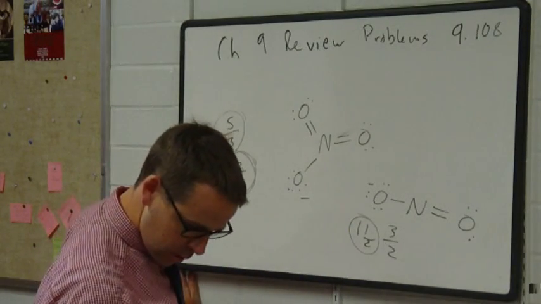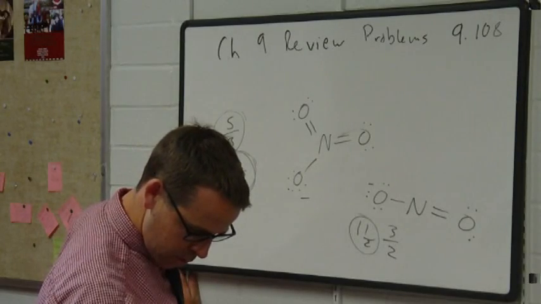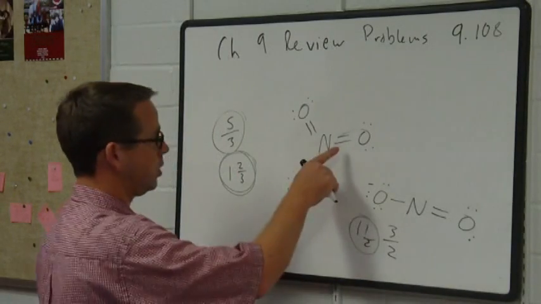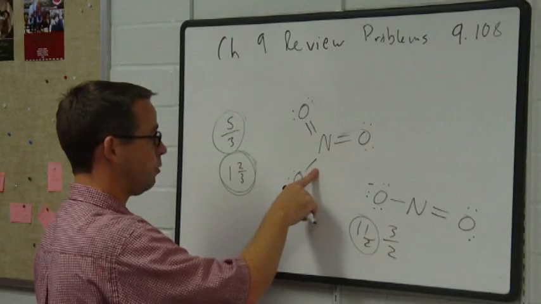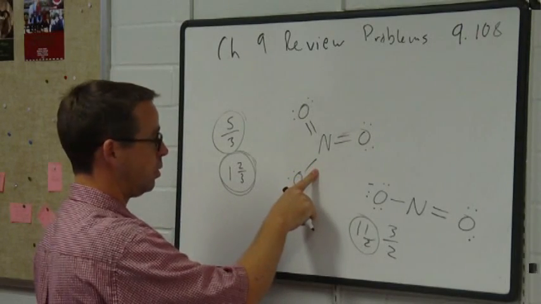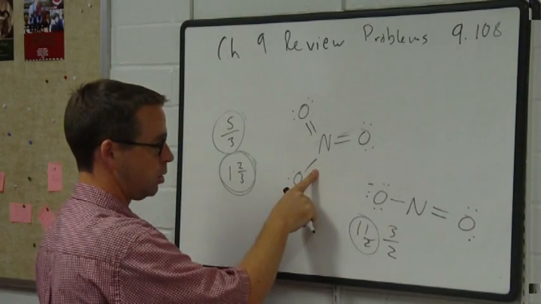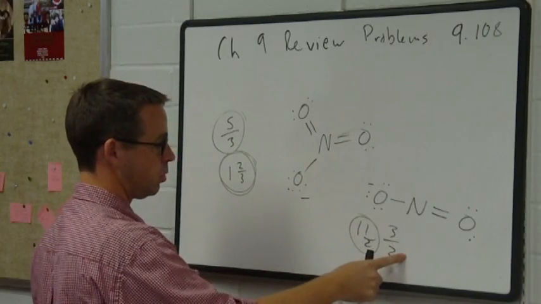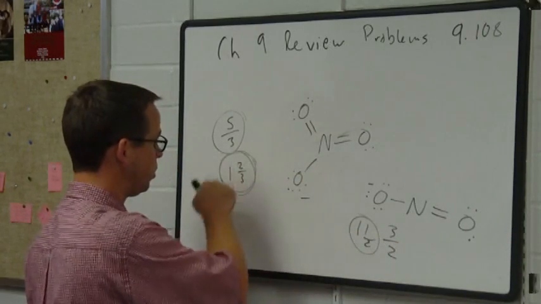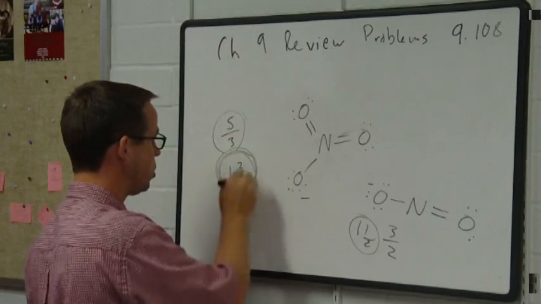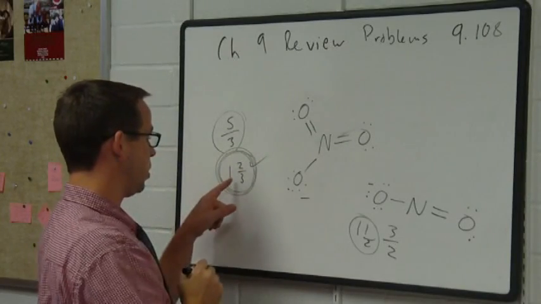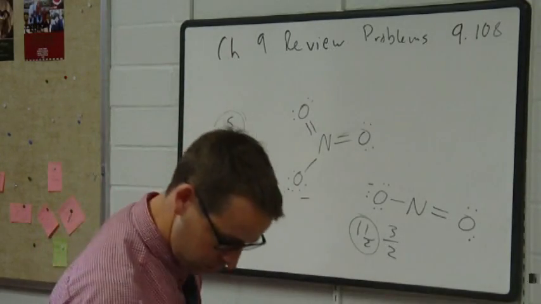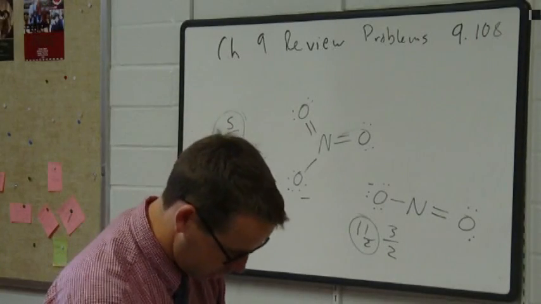Let's look at that again. If I do this right, 2, 2, 1 is 5 divided by 3, and 3 divided by 2 is 1.5. So 1 and 2/3 is the higher bond order, the shorter one, NO3 minus.